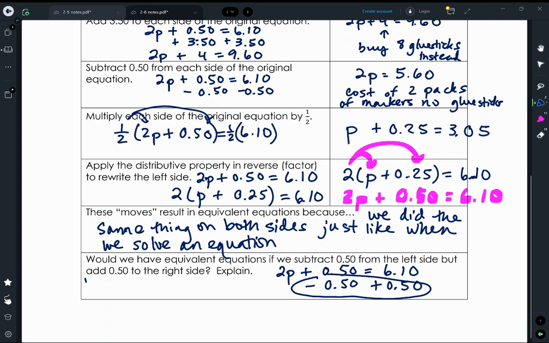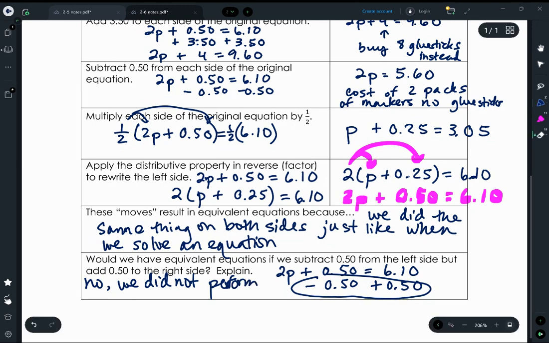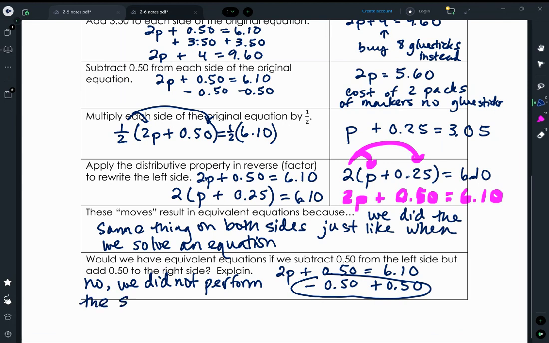So this is going to be no. No, we did not perform, creative spelling there. Let's go ahead and fix that. The same operation on both sides. We used the same number, but on one we added, the other we subtracted.